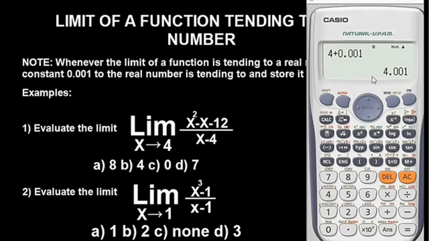So we are going to store this value now as x in the calculator. To do that, you simply press Shift, this RCL button stands for store, then the S button. Once you do it, it will indicate here that this value has been stored as x in the calculator. So you wipe this.